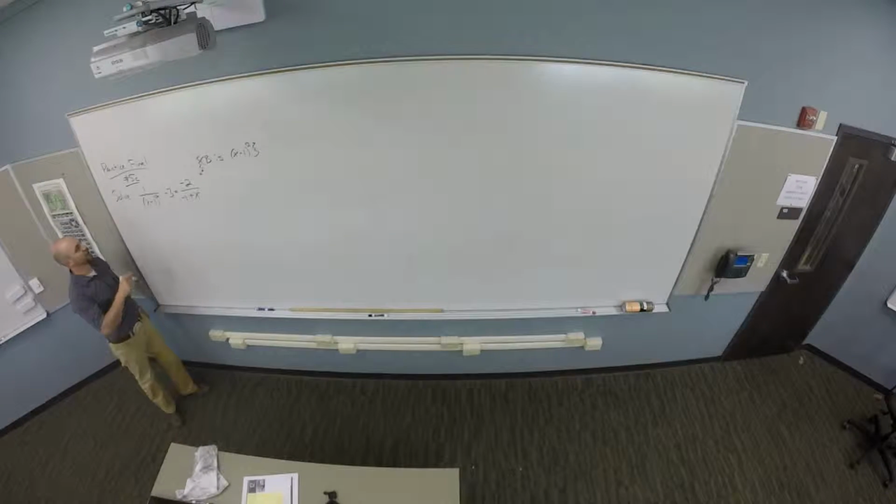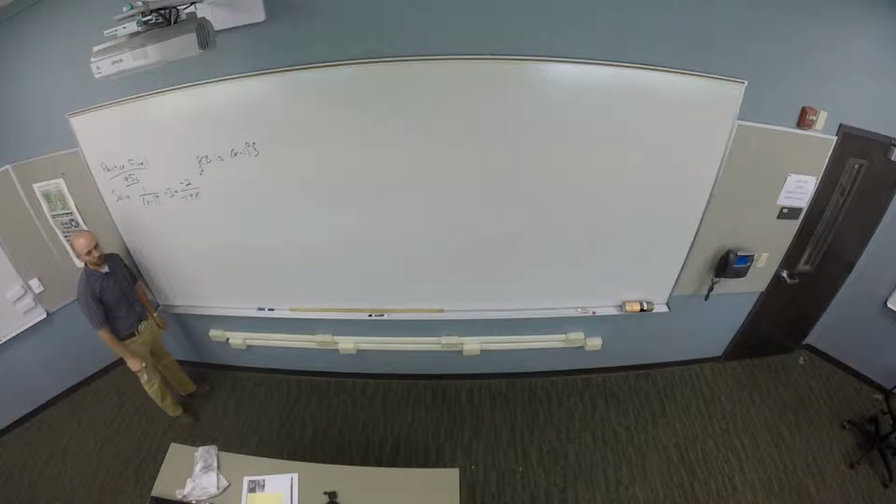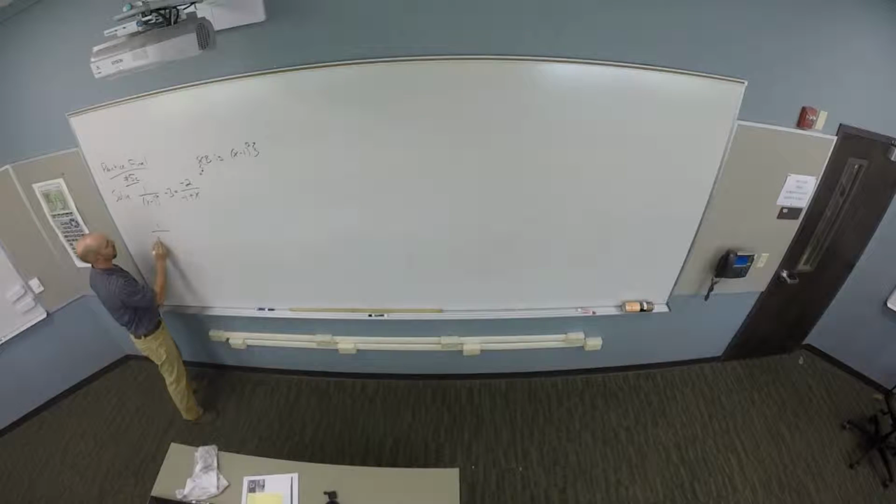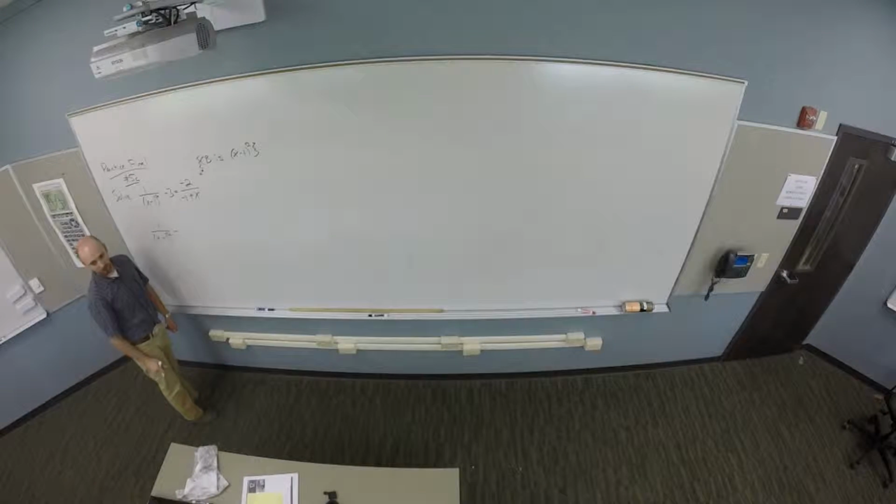So what is this first bit, 1 over all of x minus 1 squared? What does that need? Nothing. Perfect. So that one's going to stay the same. What does the 3 need? All of it.